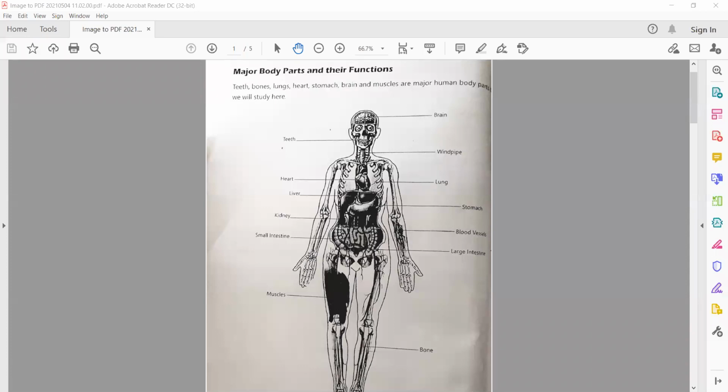Now let's move to the next body part, that is the stomach. The stomach is a bag made of smooth muscles that helps to break down the food into still smaller particles. What is the function of the stomach?